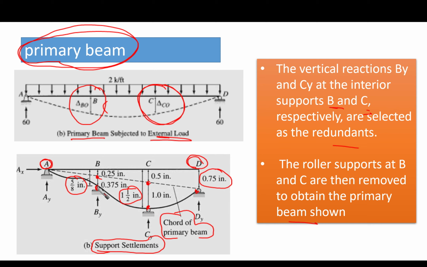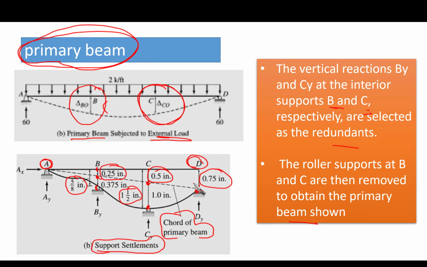From our calculation, we have 0.75 at point D. This is considered as a triangle, and then we can obtain these values, 0.25 and 0.5 inch, the distance between the original point of the indeterminate beam and the chord point.